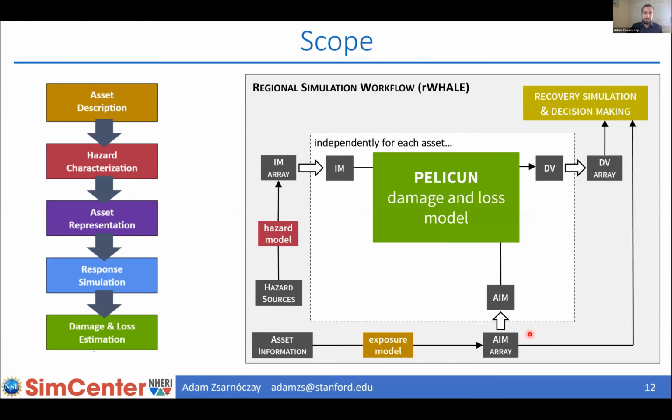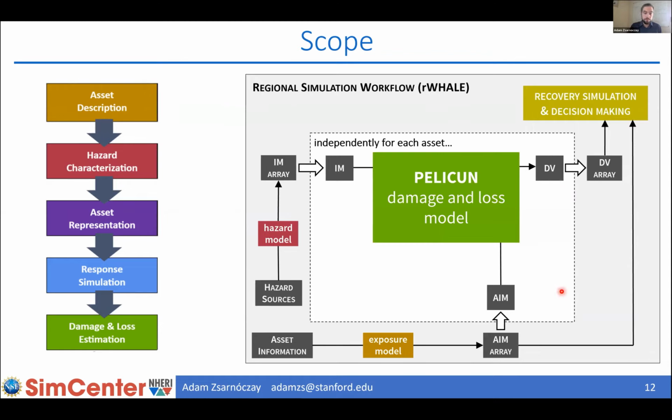So what Pelicun does is it makes this connection between the asset information, the intensity measure, and then provides a decision variable, if I'm trying to be very simplistic in its description. Now, what we would like to achieve, because in wind hazard or wind risk assessment, looking at HAZUS, for example, this is currently the level of the analysis.